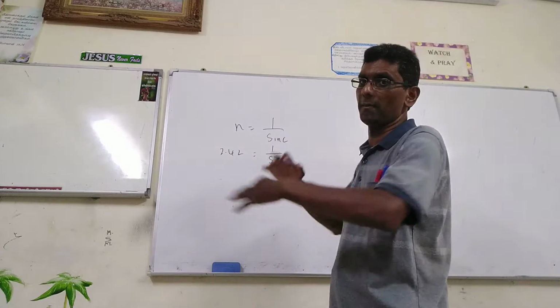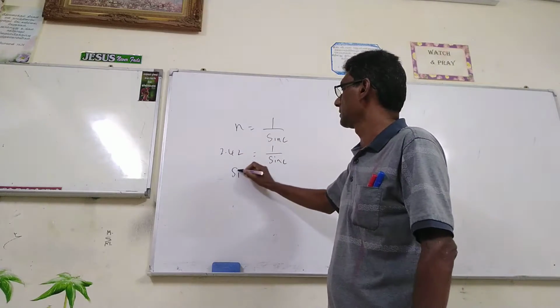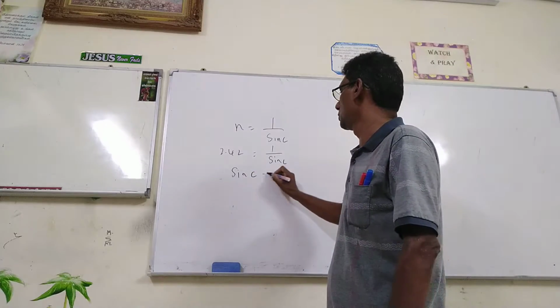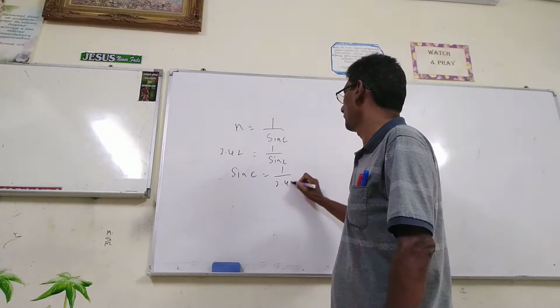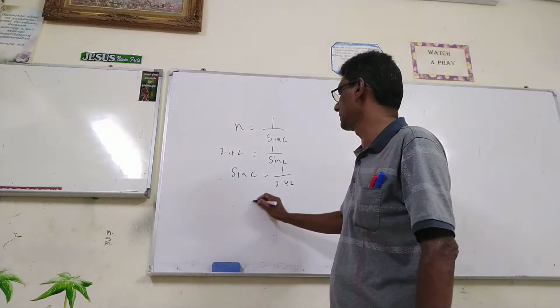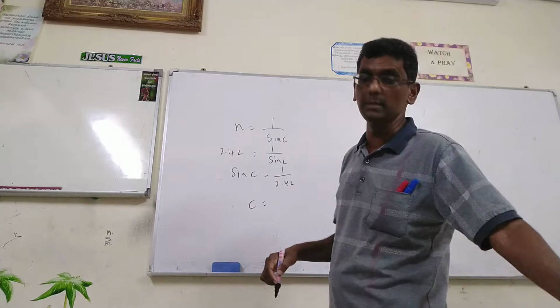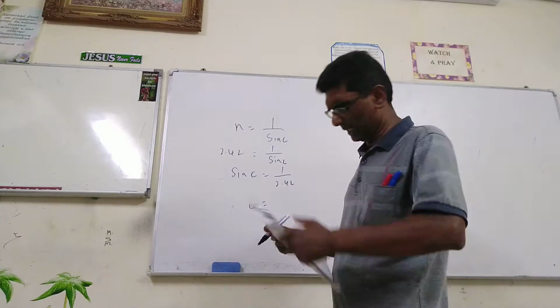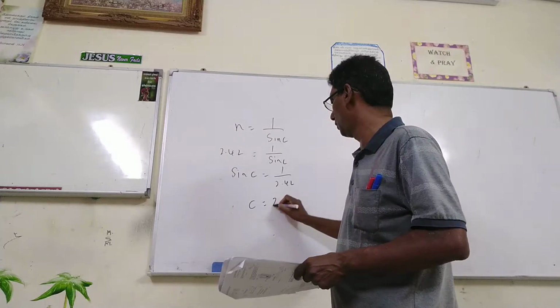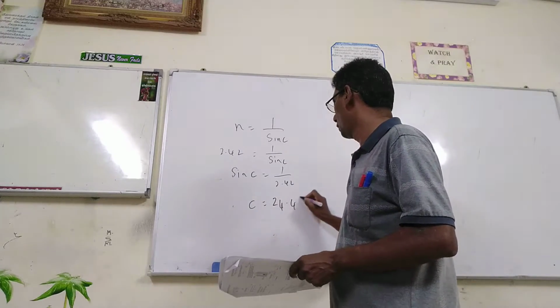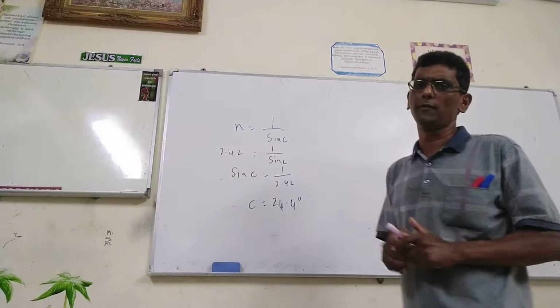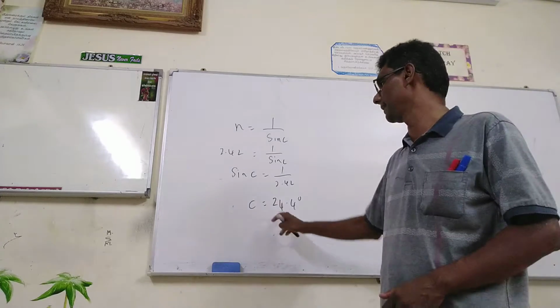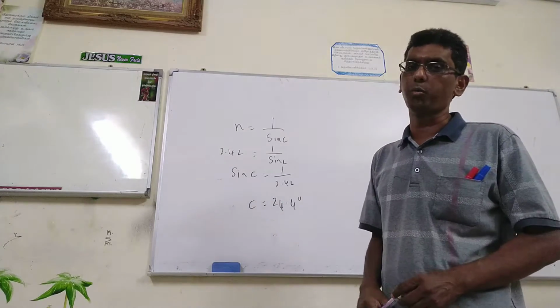Cross multiply: sine c equals 1 over 2.42. C means critical angle. The critical angle according to my answer is 24.4 degrees.